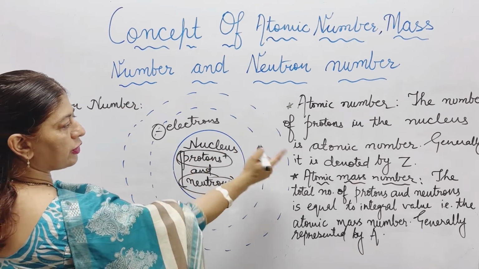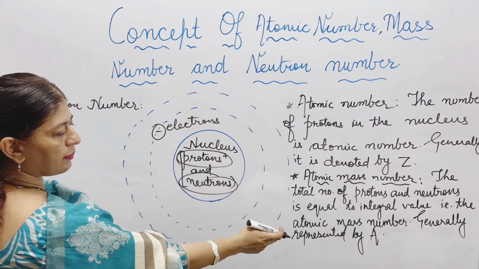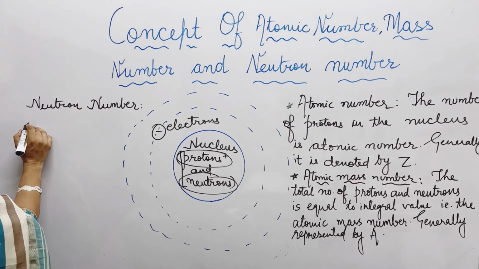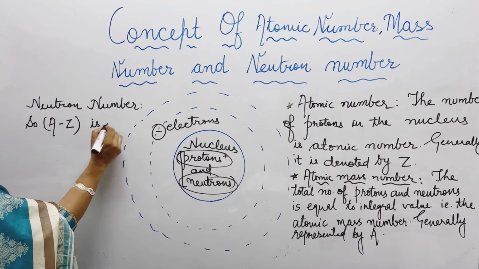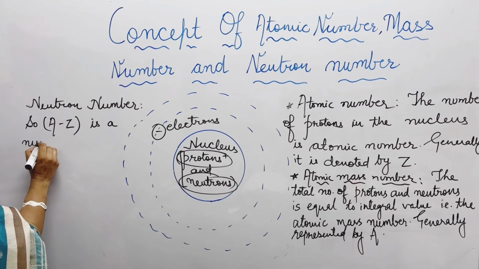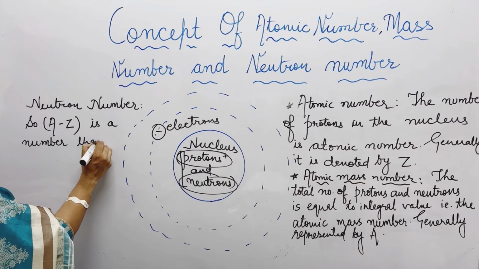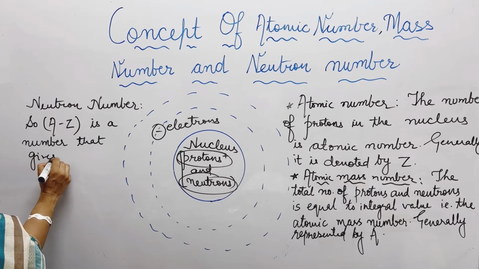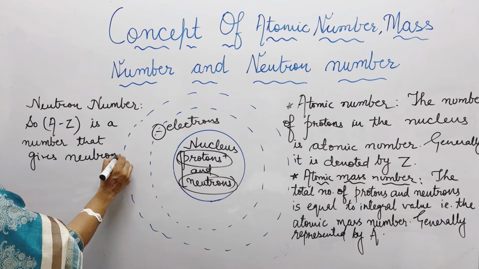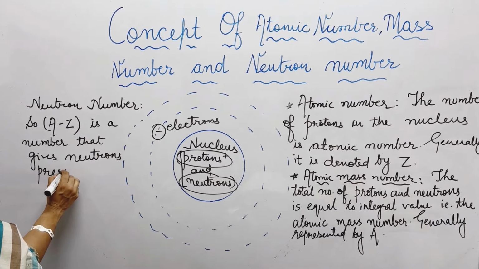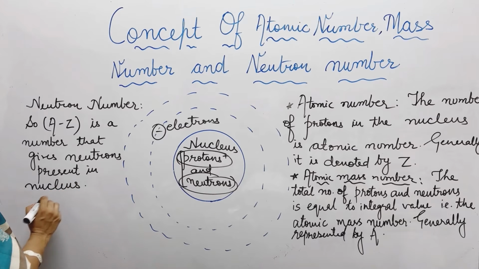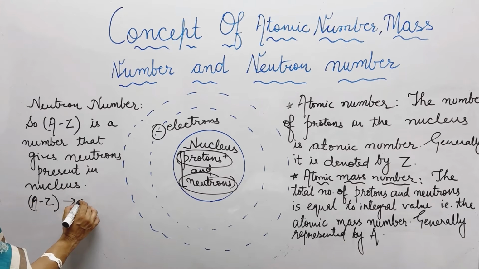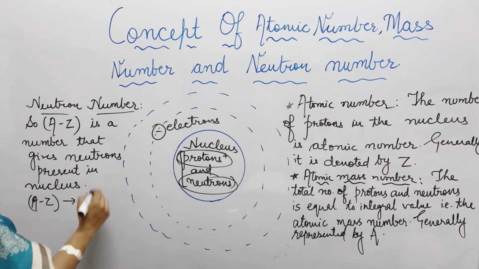The number of protons is denoted by Z, and the total number is denoted by A. So the number A minus Z is the number that gives the neutrons present in the nucleus, and A minus Z is our neutron number.